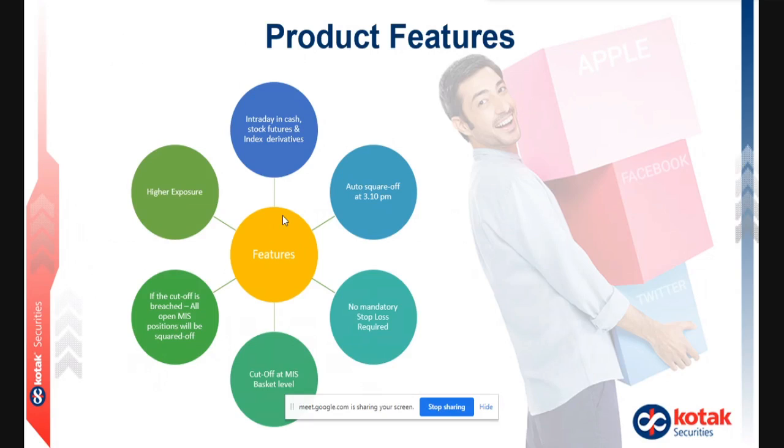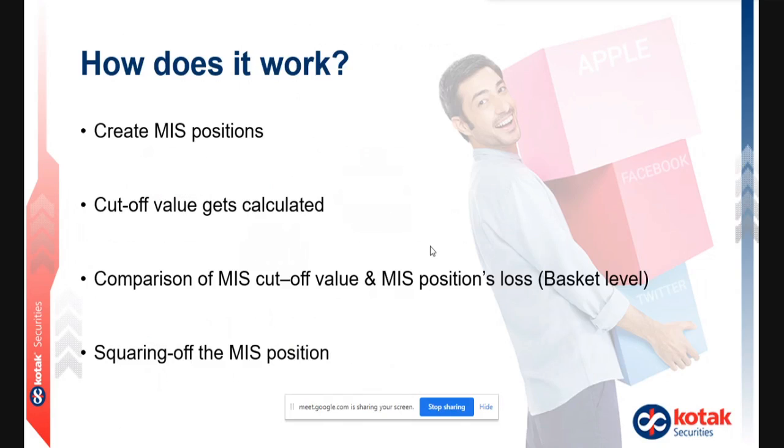I will explain how MIS as a product works. These are some of the features of MIS, where you also get higher exposure. Let me explain further how exactly MIS is going to work.